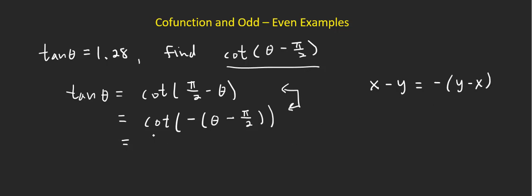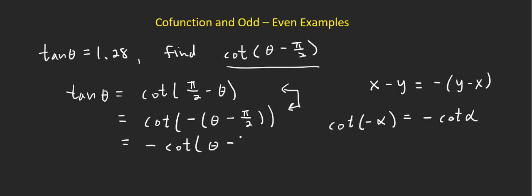Now, remember, cotangent, was it even or odd? If you have a cotangent of negative alpha, what is that? Well, that's negative cotangent of alpha because cotangent is odd. So we could take out this negative, you get negative cotangent of quantity theta minus pi over 2.